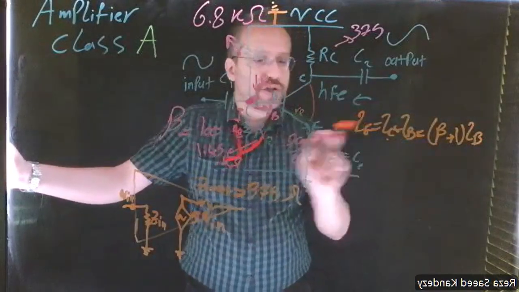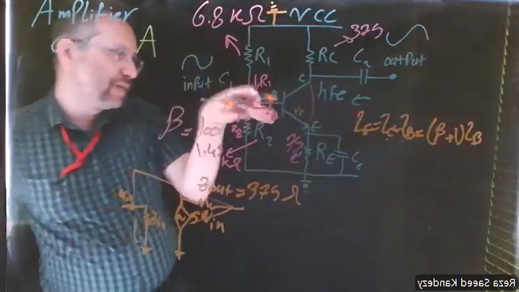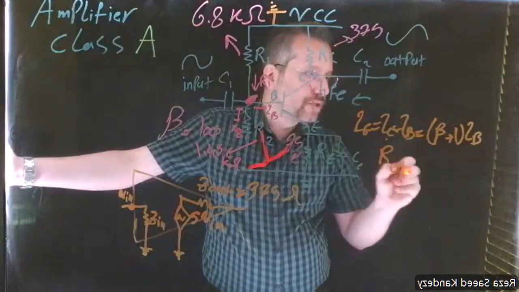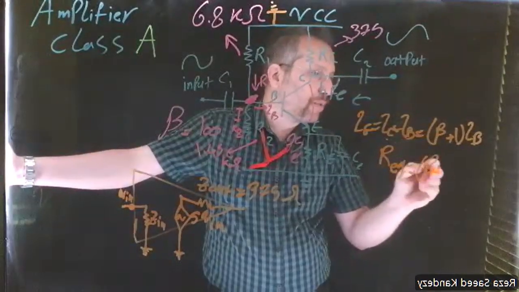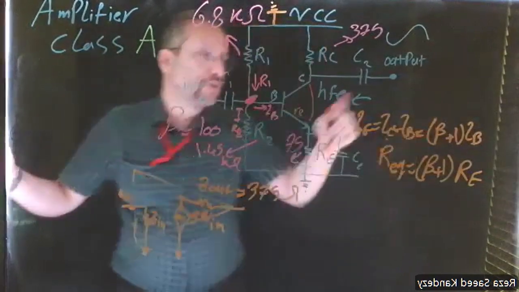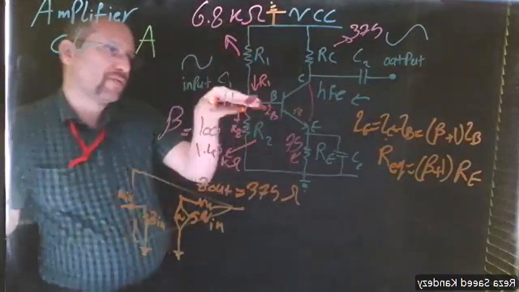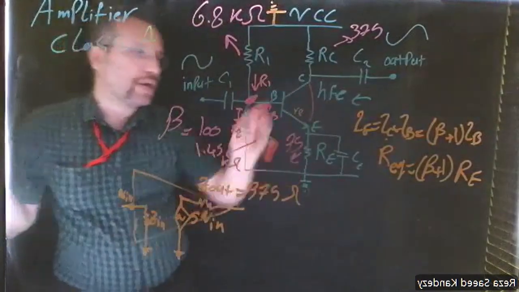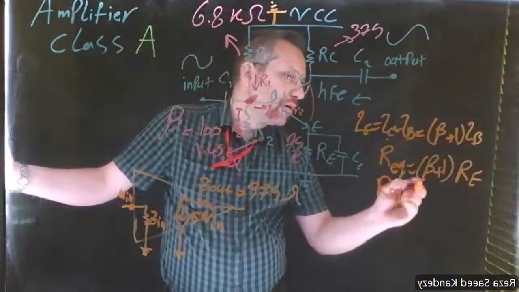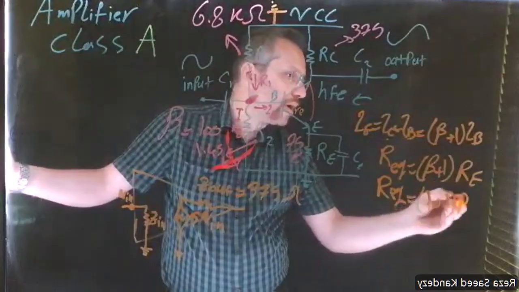If the current here is beta plus 1 IB, that means the equivalent resistor that we see from the base is going to be also beta plus 1 times RE. Think about that, okay? Do the Ohm law and think about that. You can do another Thevenin only for the BJT and RE, and you can find this is true. So that R equivalent, in our case, this beta is 100, so it becomes 101 times RE.